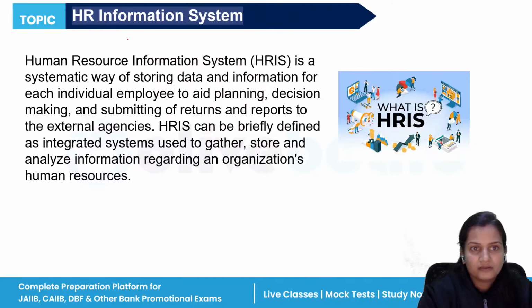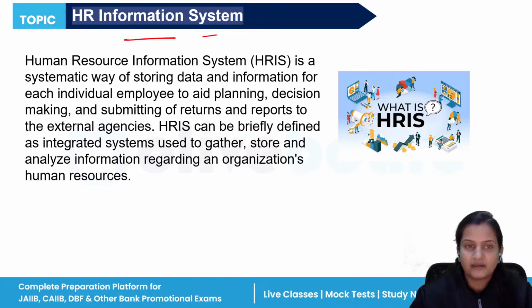Now, the Human Resource Information System, that is HRIS. The short form is HRIS. See, what is an information system? It is a database. All information of the clients and all information of their human resource should be available. That is HRIS.